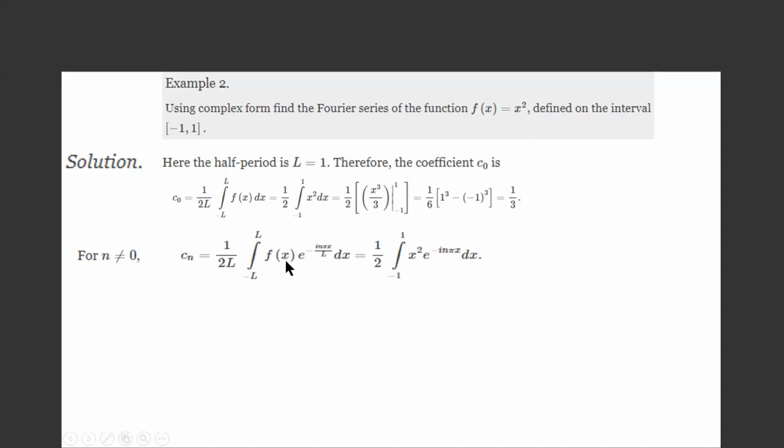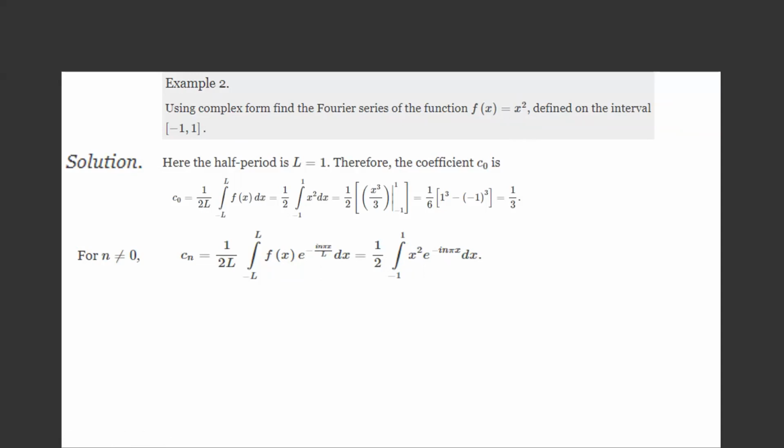When you go for the coefficient, you have e to the minus. When you go for the Fourier series, you have e to the positive. So you will have this guy twice: once inside the coefficient and once with the other sign, which is positive in the complex Fourier series. Okay. This is the integration by parts, right?